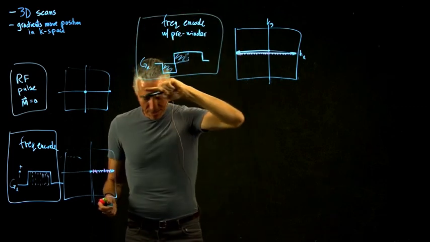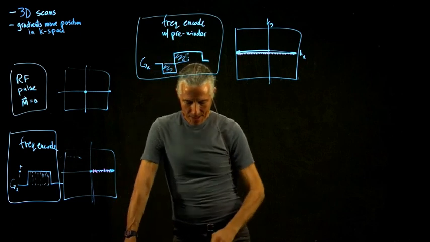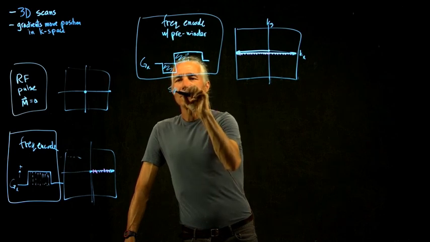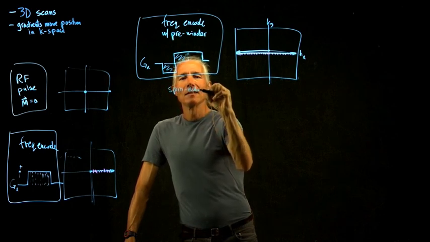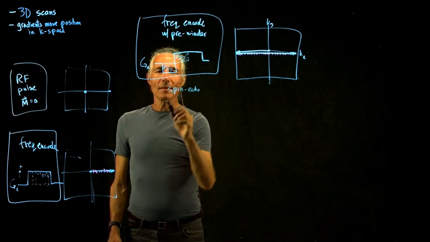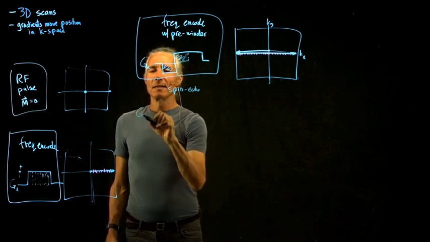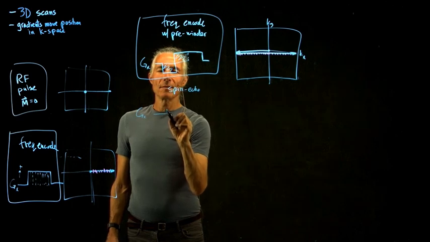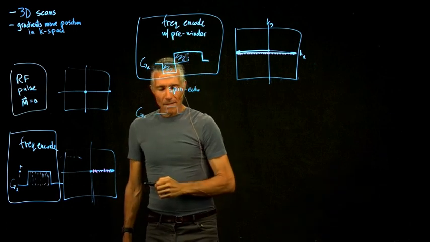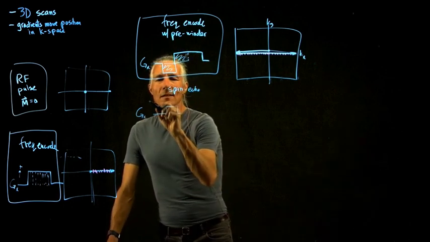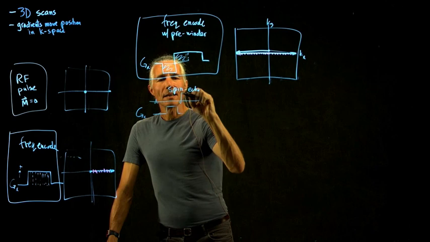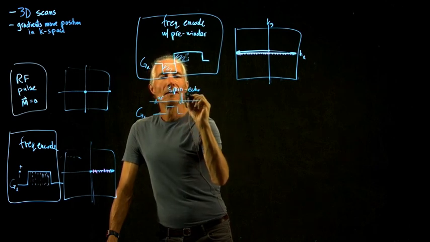So what about a spin echo? A spin echo is a little funky, because we often turn on the gradient in a positive direction. Then here's our 90, and here's our 180.